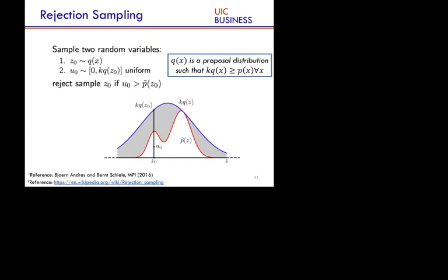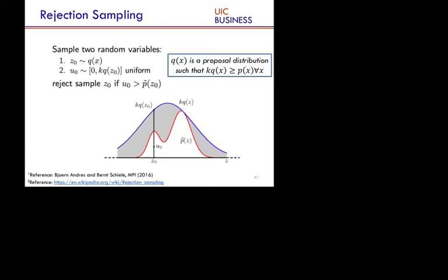So here, let's say the red curve is a one-dimensional distribution that we care about. We care about computing, let's say, some function of that distribution, let's say the expectation, as we saw in the previous slide. How are we going to do it? We're going to come up with another distribution, which is going to be this q. q is a one-dimensional distribution as well.